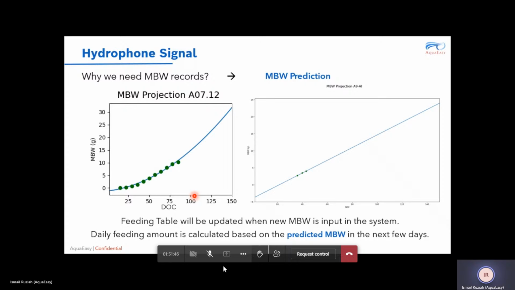To answer the question, with one hydrophone we are trying to get the best position where the feed is concentrated, and the stream is there too, because this signal is important. To deal with bigger ponds, what we can recommend is to add an additional auto feeder, but still keep that.